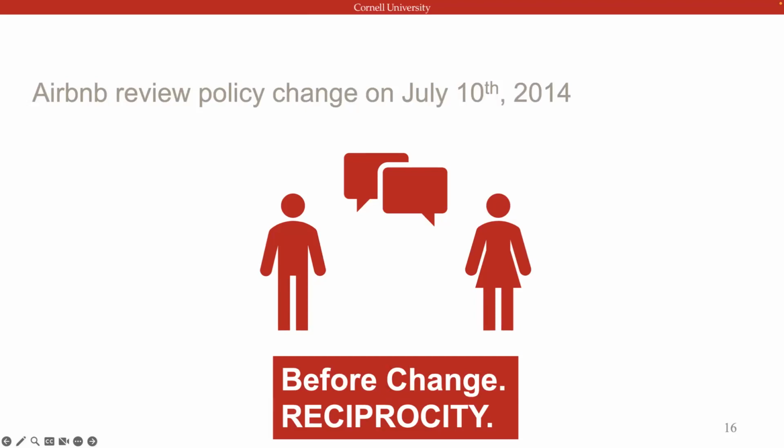Both host and guest had immediate access to the reviews, and it could have had quite an impact on their perceptions and interactions. In other words, if I'm a host, you being my guest, the moment you submit your review to my listing, I will be able to see and read your review, and I will be able to write my review about you in response.